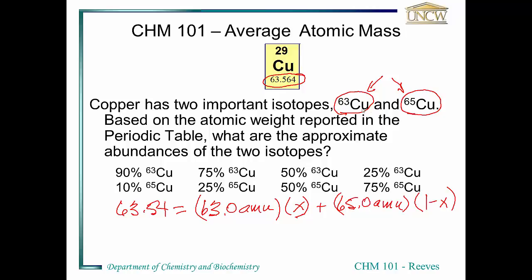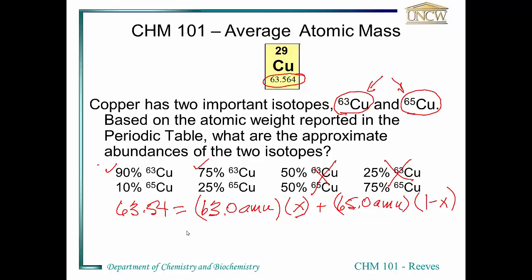After all, if the abundances were the same, then the atomic mass would be 64, the average of the two. So it's not 50-50, and it also means that it's not 25-63 and 75-65. It's either one of these, one or the other.